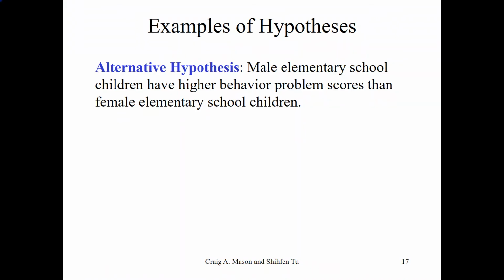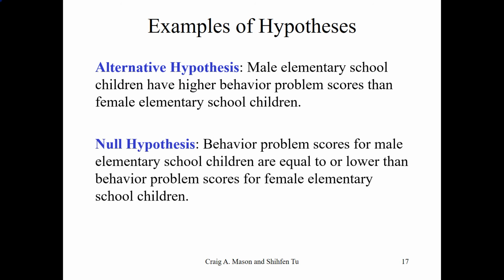For that study, my alternative hypothesis would be male elementary school children have higher behavior problem scores than female elementary school children. What would my null hypothesis be? It would be some version of behavior problem scores for male elementary school children are equal to or lower than behavior problem scores for female elementary school children.